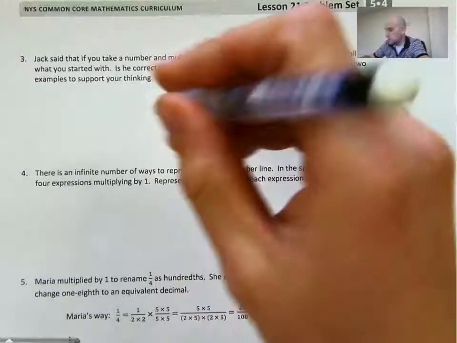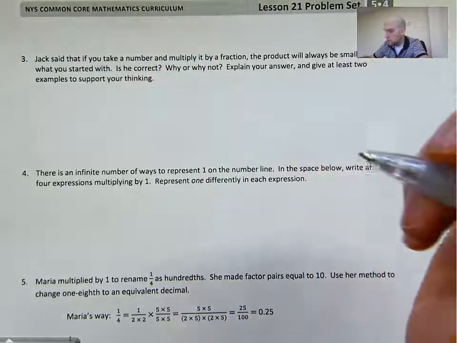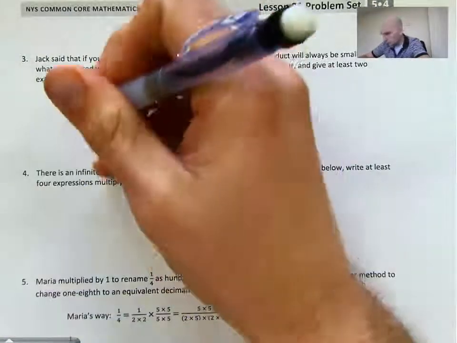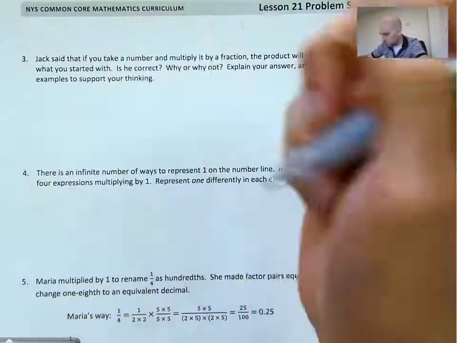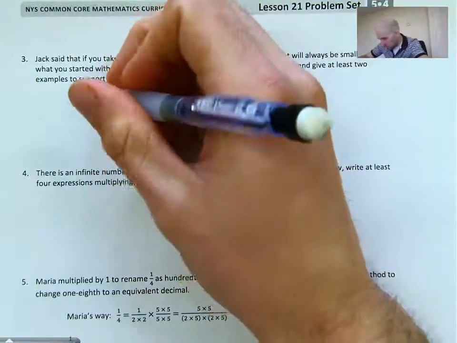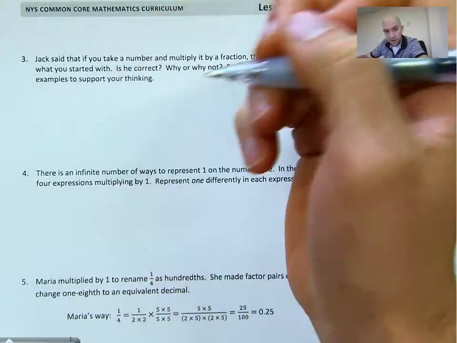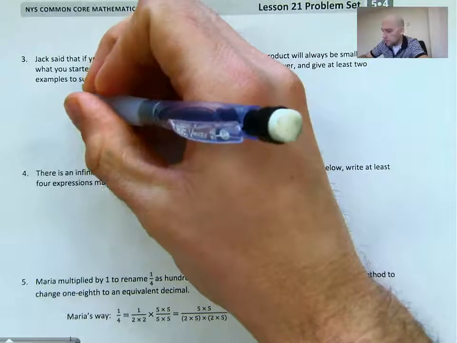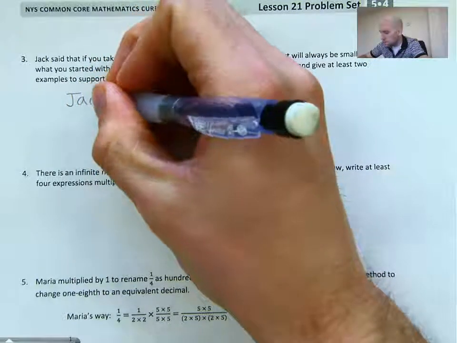So Jack is saying if you take a number and you multiply it by a fraction, the product's going to always be smaller. Well, we've been doing examples of multiplying by fractions where we're not ending up with a smaller number. In fact, we end up with the same number in a different form. So I'm going to start by saying that Jack is not correct.